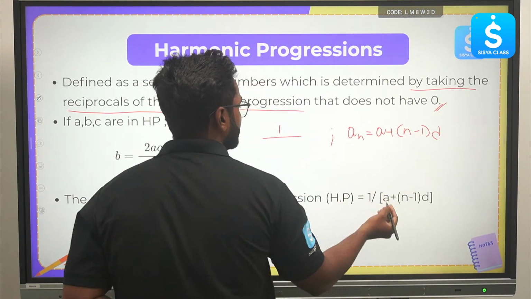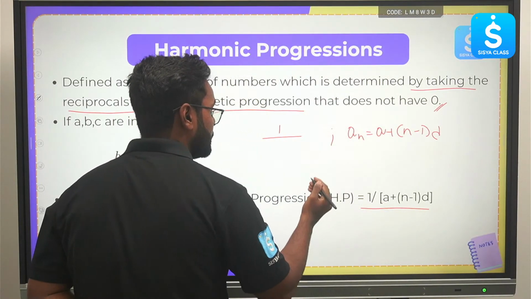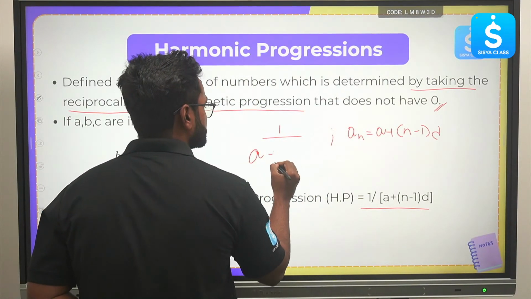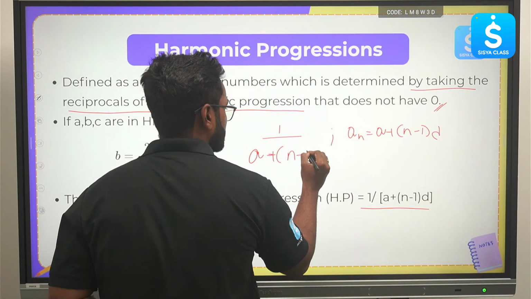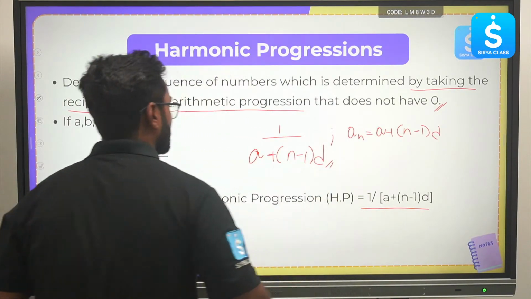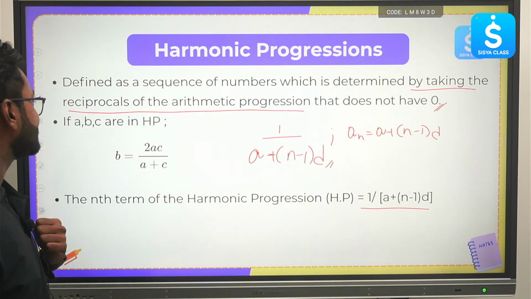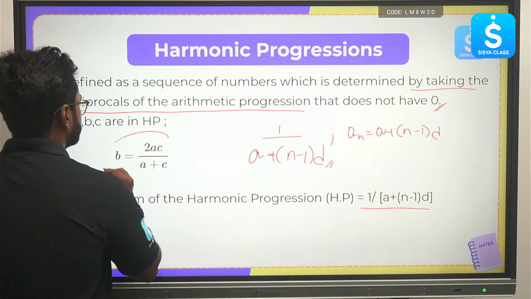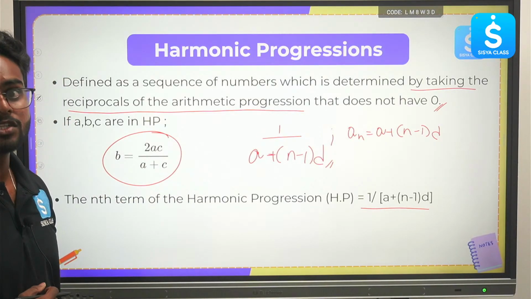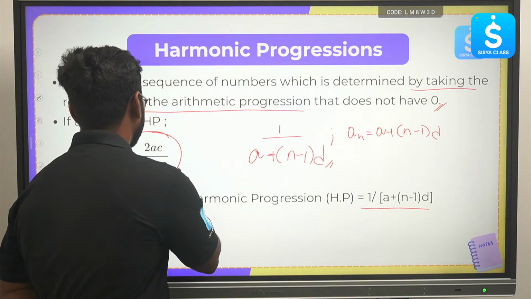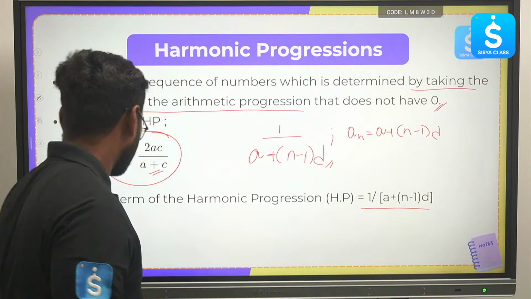For this it will be the inverse: 1 by a plus n minus 1 into d. Even harmonic progression has an equation, that is b is equal to 2ac by a plus c.